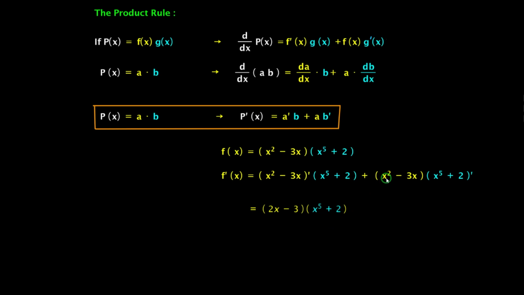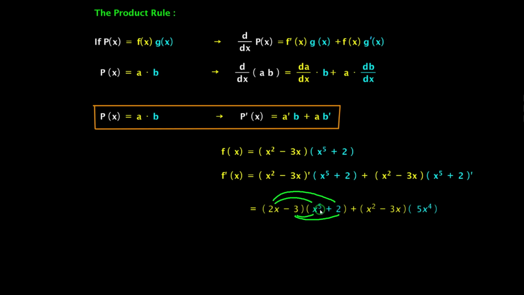Now plus a b prime: copy the yellow value, times the derivative of the blue value, which is 5 times x to the 5 minus 1, which is 5x to the 4, and derivative of 2 is 0. Everything is done, we just simplify. This sort of derivative is done very fast. The simplification takes a pretty long time.